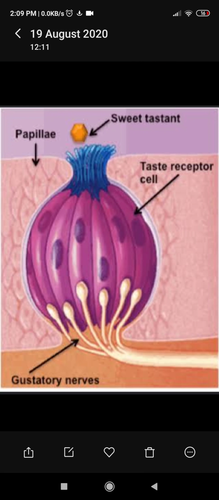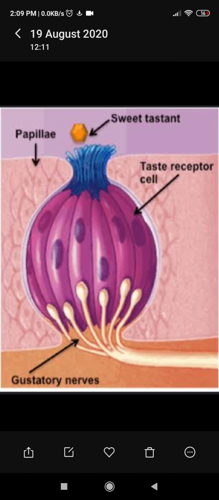Now the base of each bud rests on the basal lamina and is entered by afferent sensory axons that synapse with the gustatory cells. Here you can see the gustatory nerves entering the base of each bud and synapsing with the sensory neurons.